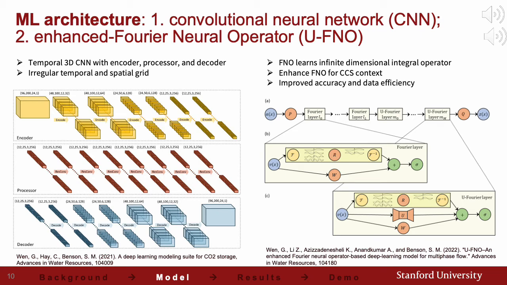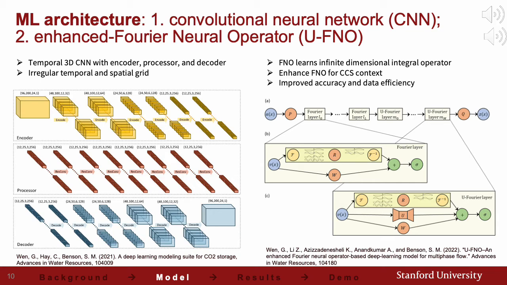The encoder of this model takes the input and convolves it to extract higher order dimensional information. The processor maps the input's higher order dimensional information to the output's latent information, and the decoder will take the output's latent information and transform it back to the physical space.